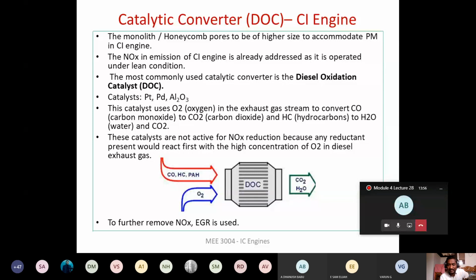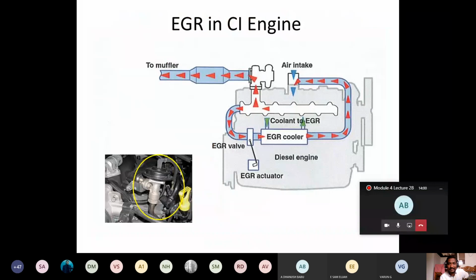For combustion you have to supply both air and fuel. For a CI engine, air is supplied and fuel is injected. Along with the air in the intake manifold, part of the exhaust gas is allowed, so exhaust gas and air enter the engine cylinder.